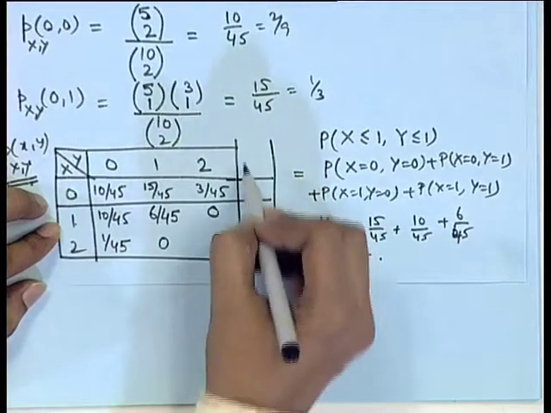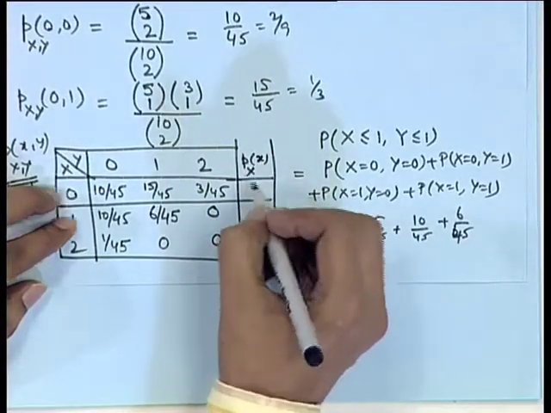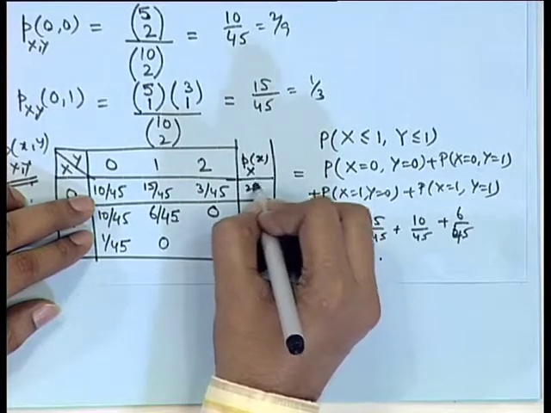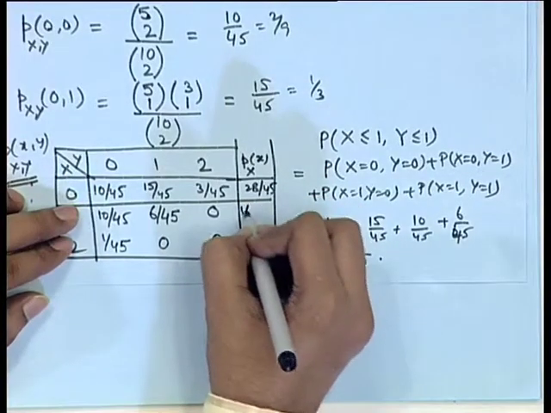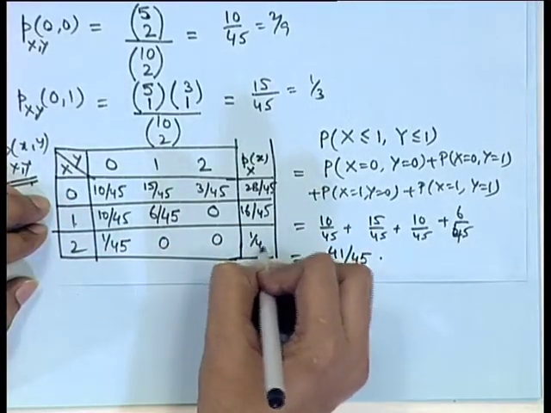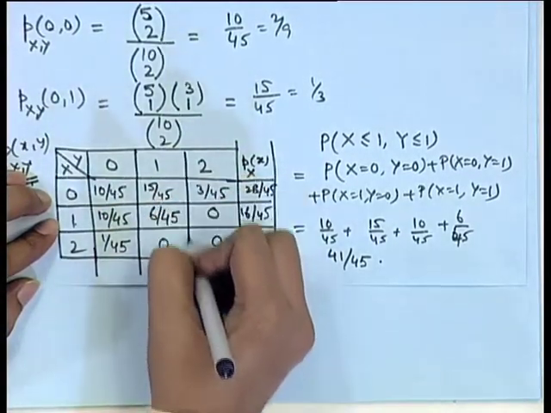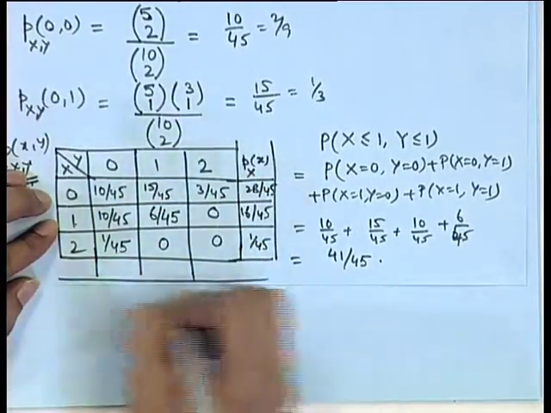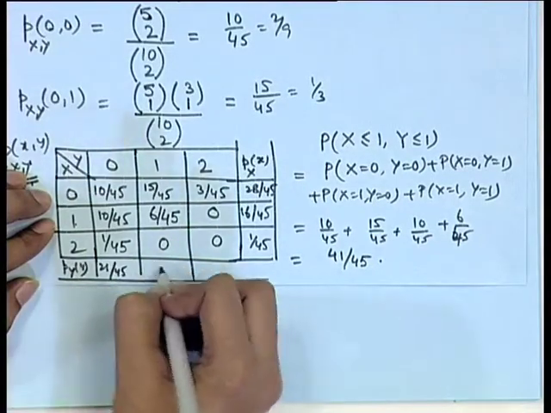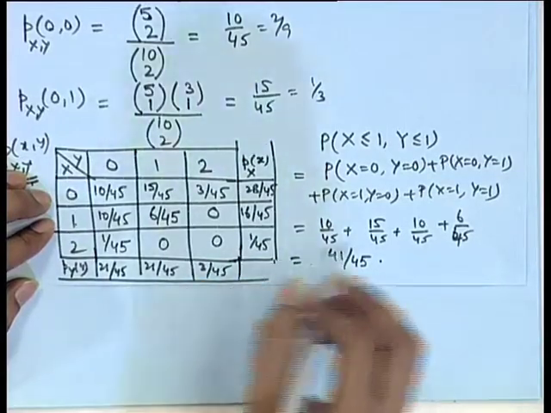That means this will give the distribution of X, that is equal to 28 by 45, 16 by 45 and 1 by 45. Similarly, if I add the columns here, I will get the distribution of Y. So, that is 21 by 45, 21 by 45 and 3 by 45.